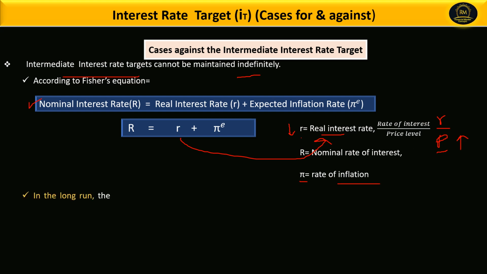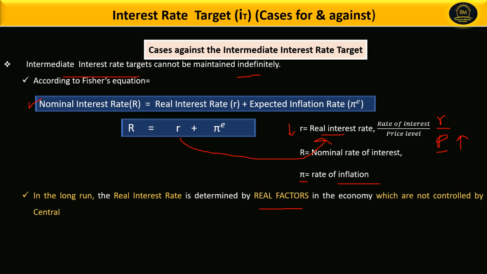So in the long run, the real interest rate is determined by the real factors. It is not only determined by the monetary factors, it is also determined by the real factors in the economy, which are not in the control of monetary authority, that is central bank.